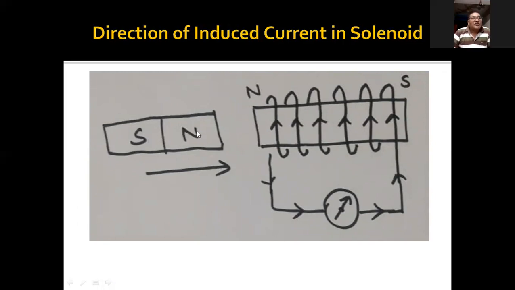Its north pole is facing the left side of the solenoid, and it is approaching the left side of the solenoid. When this north pole approaches the left side of the solenoid, according to Lenz's law, the pole induced on the solenoid on the left side will be north and on the other side it will be south.